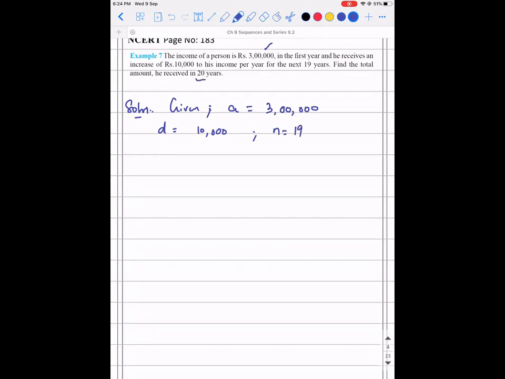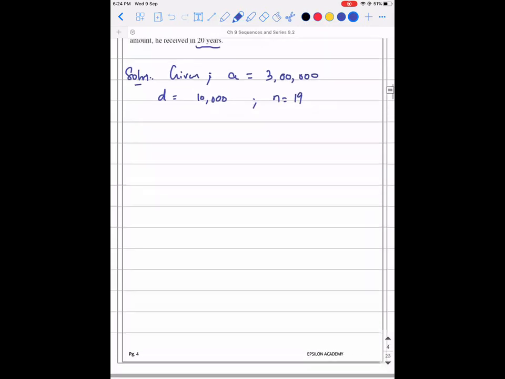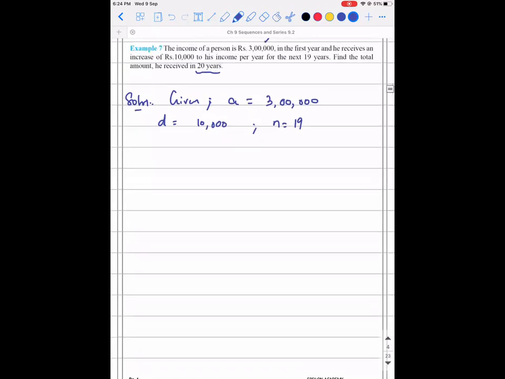They're asking what is the amount received by him after 20 years. So if you calculate, Sn will be equal to how much? n by 2 into 2a plus n minus 1 into d. Accepted? So there is a formula. n is 19, but here you have taken it as the sum of 19 years' payment.